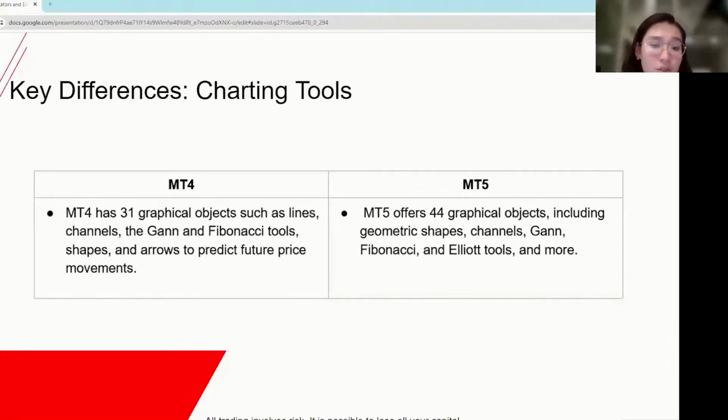So if you think that's enough for you, MT4 might be a better option. On the other hand, MT5 offers 44 graphical objects, including geometric shapes, channels, gun, Fibonacci, and Elliott tools, and more.